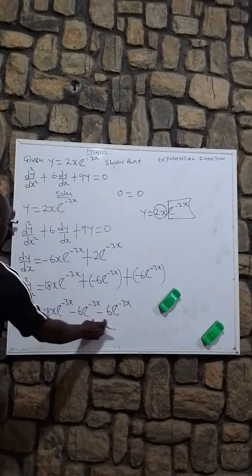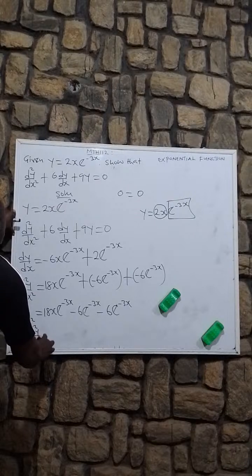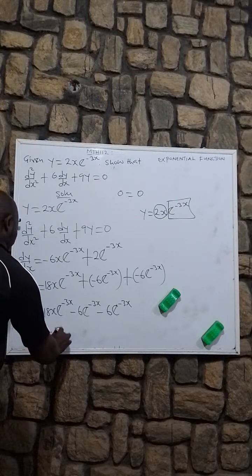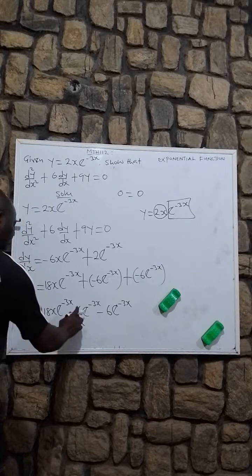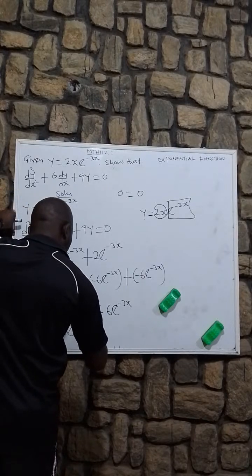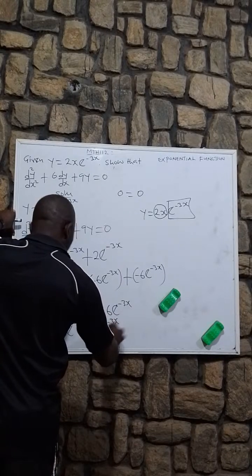It means we can add this to give us our d squared y over dx squared equals to 18x exponential minus 3x. Then here will now be minus 12 exponential minus 3x, right?